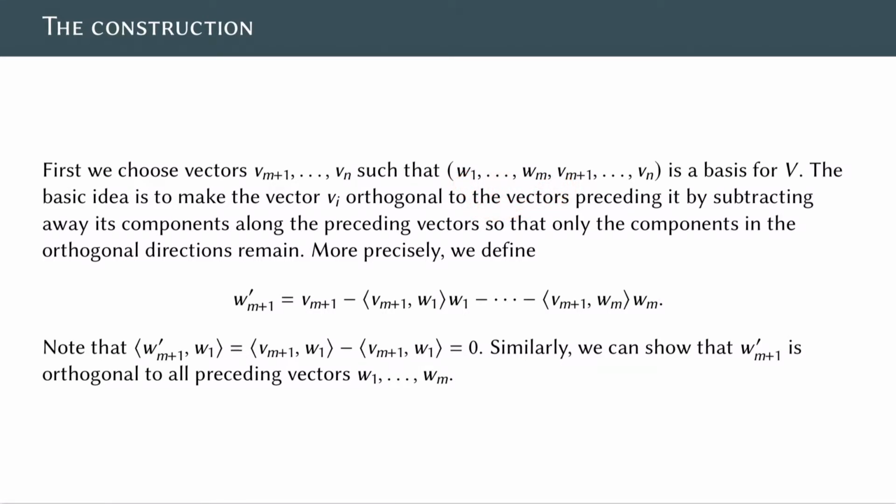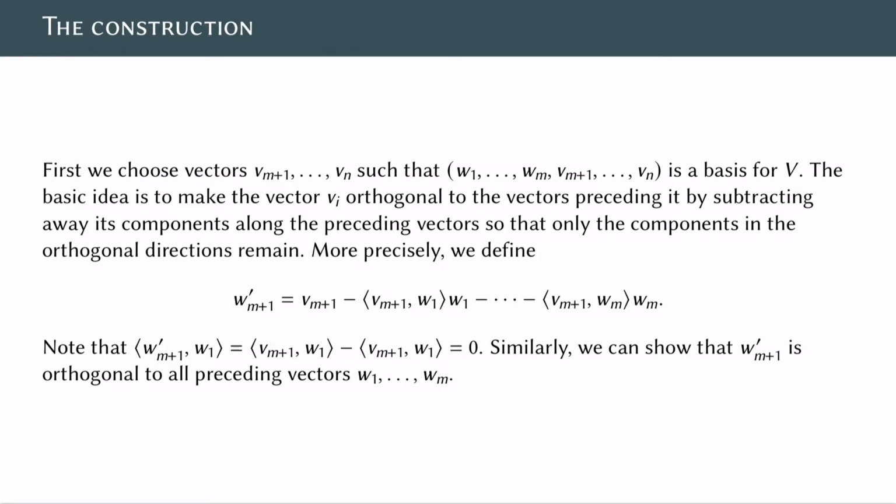So recall that any vector can be decomposed as a sum of two vectors, one along the given vector and one orthogonal to the given vector. So we are going to subtract away the components of this vector Vi along all the preceding vectors. So what you will be left with, intuitively at least, is a vector that is orthogonal to all the preceding vectors. That's the basic idea.